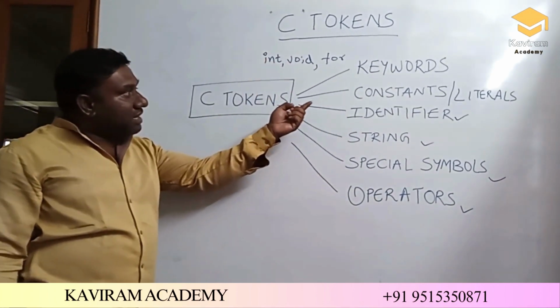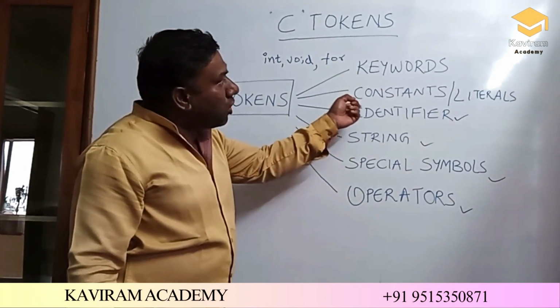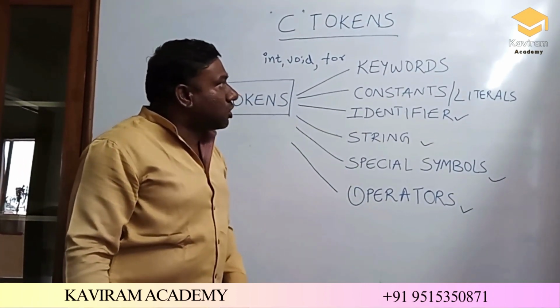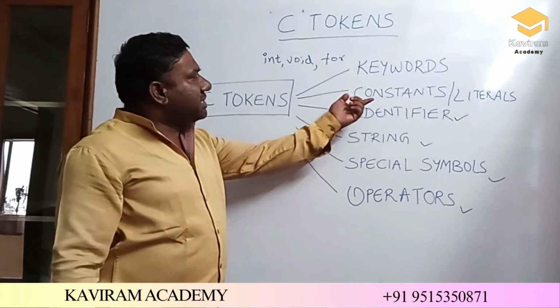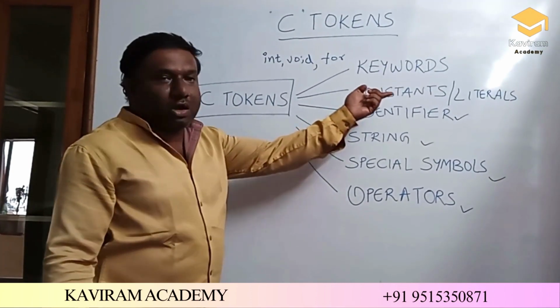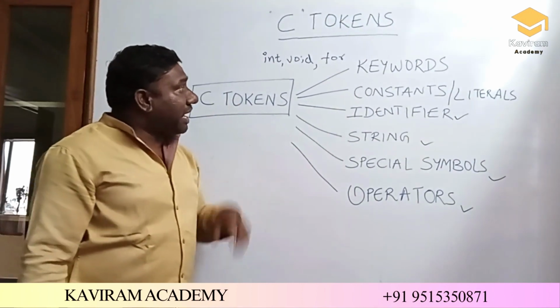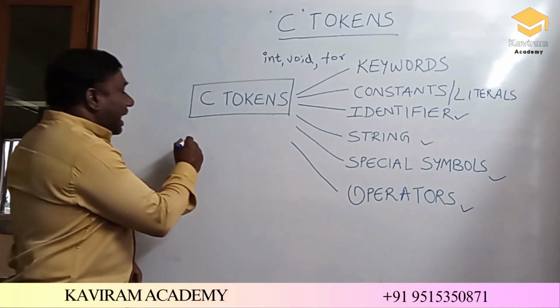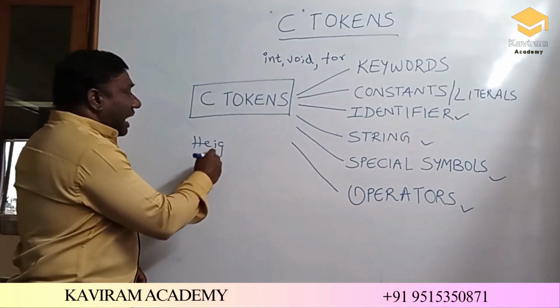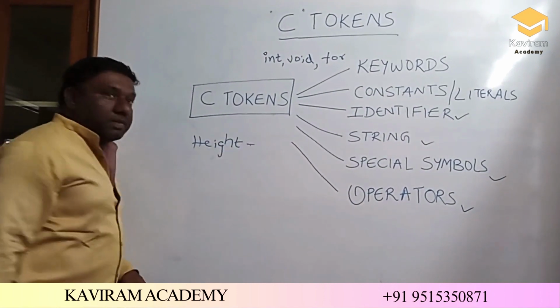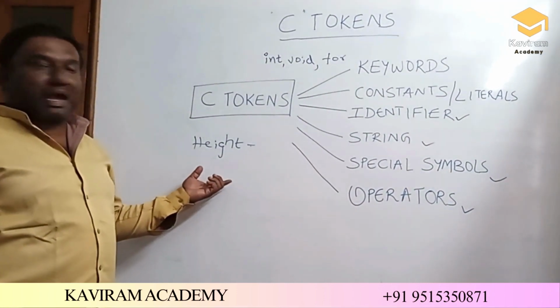Similarly, the next one is constants or literals. So what are these constants or literals? Basically, constants or literals are nothing but fixed values. For example, height is fixed in your program, so there is no change in your height.